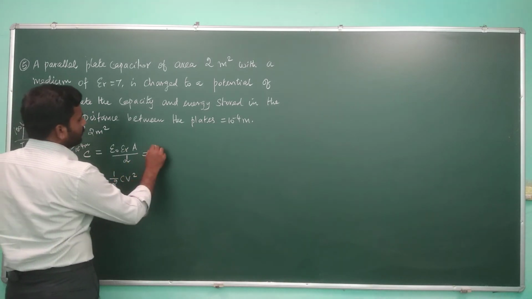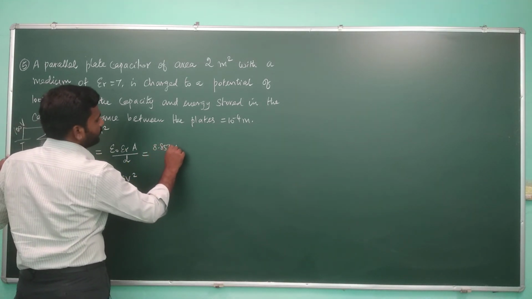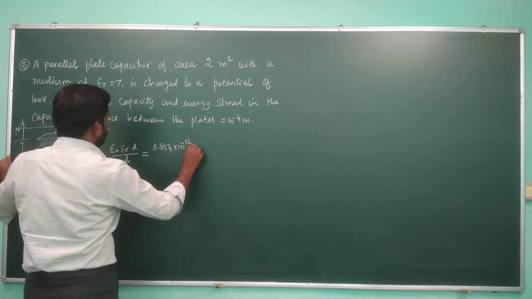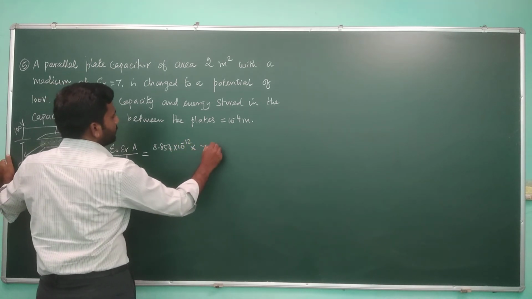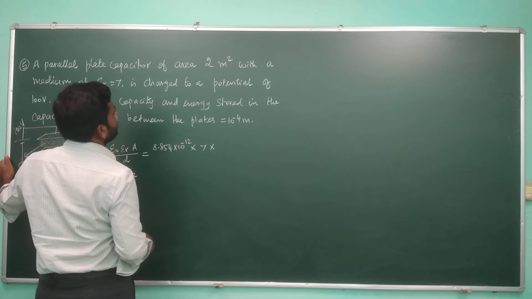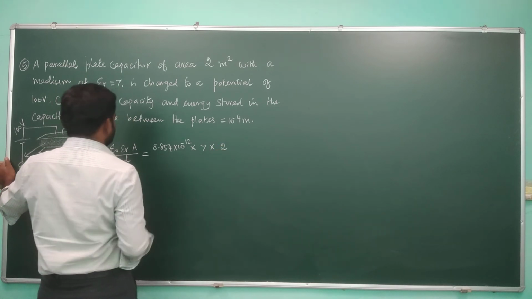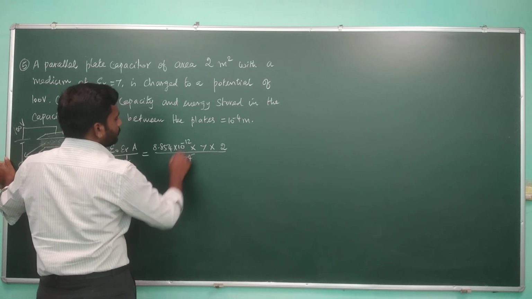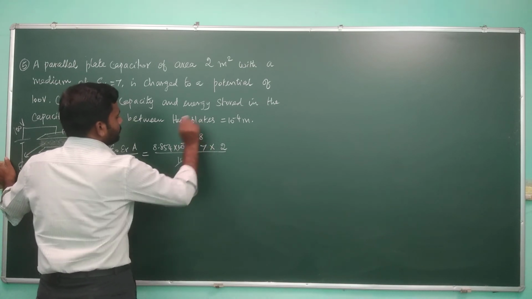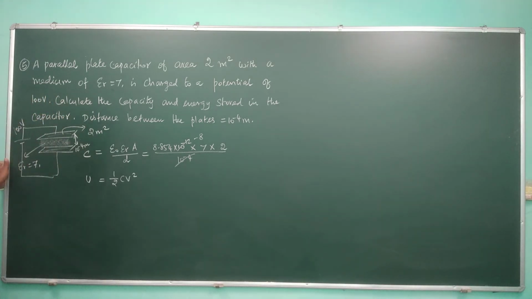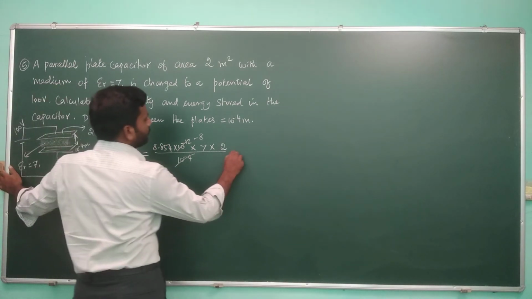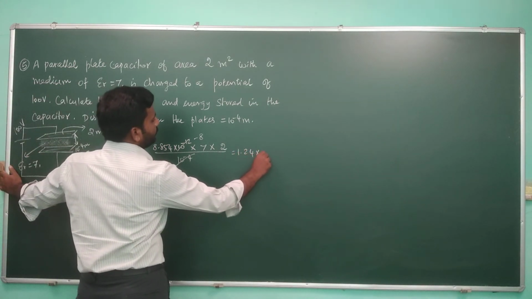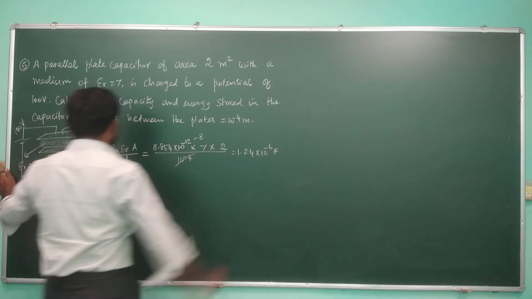Epsilon naught 8.854 into 10 power minus 12 multiplied by epsilon r 7 multiplied by area, that is given 2, divided by 10 to the power minus 4. This becomes minus 8. Solving this will give us 1.24 into 10 power minus 6 farad.